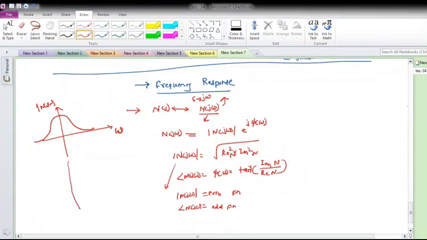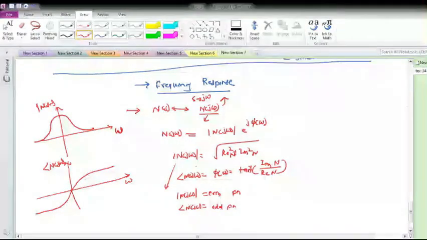Now if I draw the phase response with respect to omega and get it like this, it is an odd function, so I get it for the negative frequencies this way. So we know that the magnitude response is an even function and the phase response is an odd function.